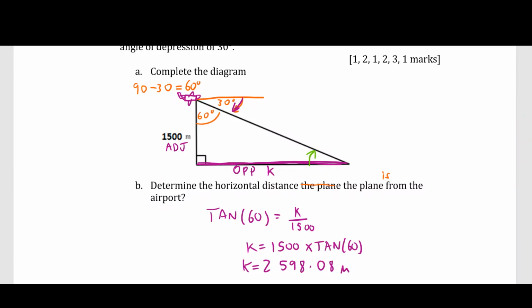So that angle there. I'm going to call it angle theta. Okay, the way to figure that out, all angles in a triangle add to 180. So 180, take 60, take 90, leaves us with 30 degrees.